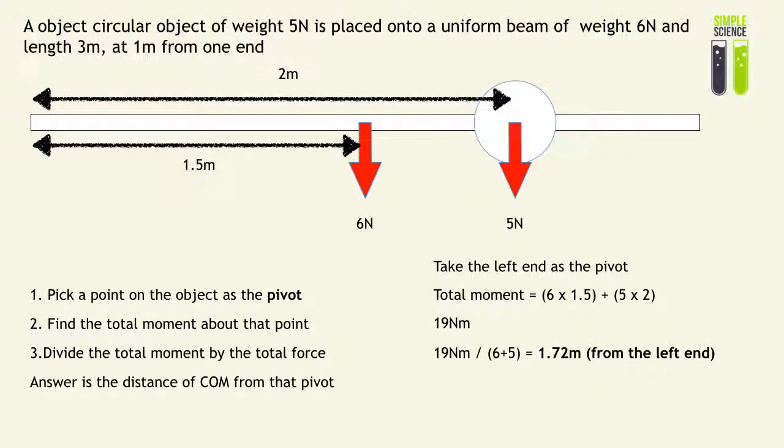So we take 19 divided by 11 and that gives us 1.72 meters. So the center of mass of the object is 1.72 meters from the left end. So it's the big force, F1 plus F2, the big 11 newton force acting at the center of mass.